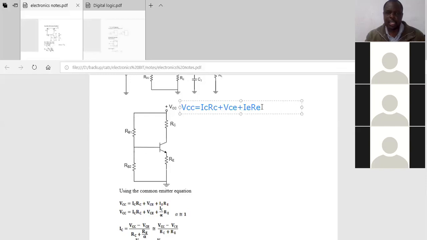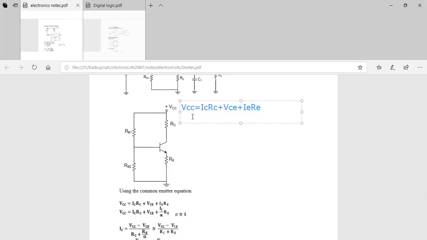So can we make IC the subject of the formula? Let's repeat the same equation, and we'll have it in such a way that IE, we change it to IC. For you to change this to IC, you need to divide by alpha.